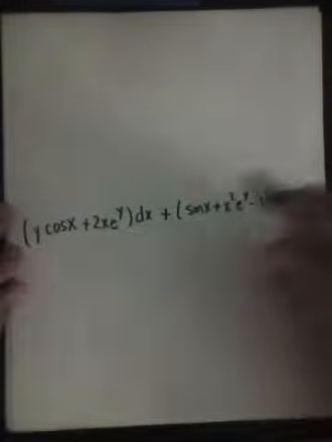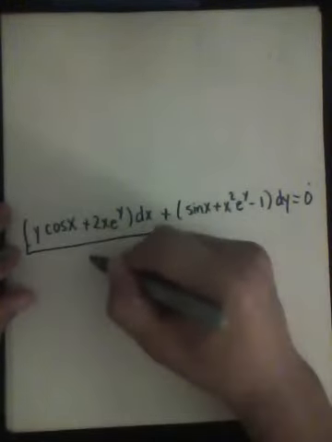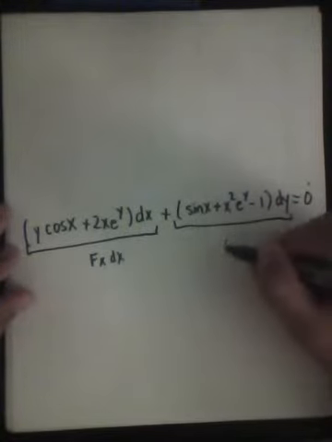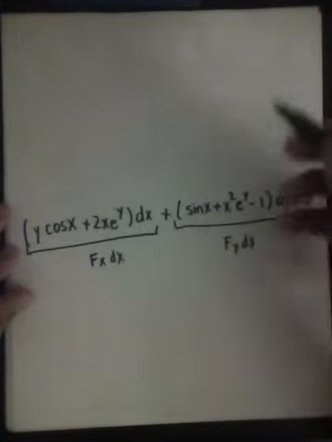This is the total derivative, where this is f sub x dx and this is f sub y dy.